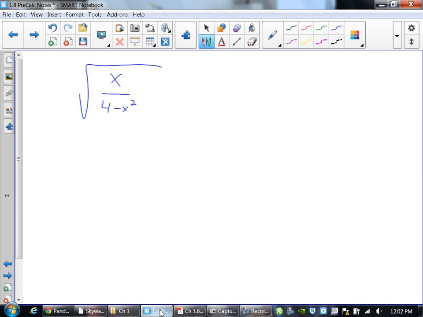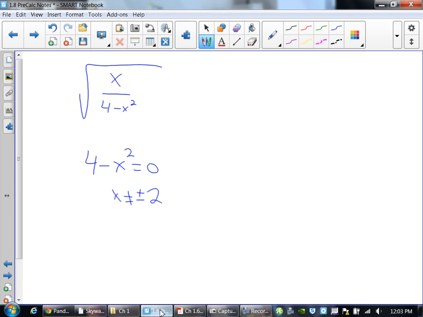We still find the possible zeros the exact same way. You set your denominator equal to 0. We got x can't be plus or minus 2. The problem comes in because the entire problem has a square root to it.